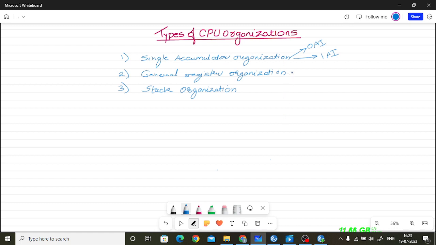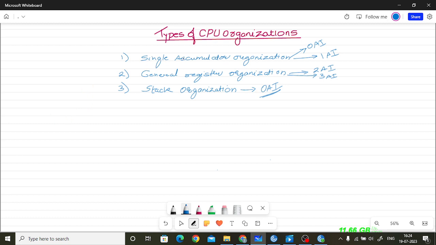General register organization is capable of executing two address or three address instructions. And stack organization executes only zero address instructions. So we will see these three basic types of CPU organizations.